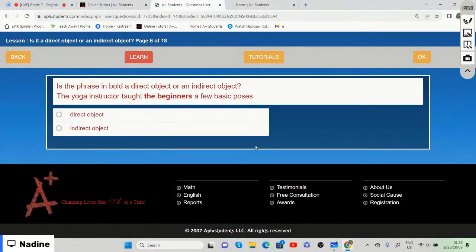The yoga instructor taught the beginners a few basic poses. Is that a direct or indirect object? So the beginners.